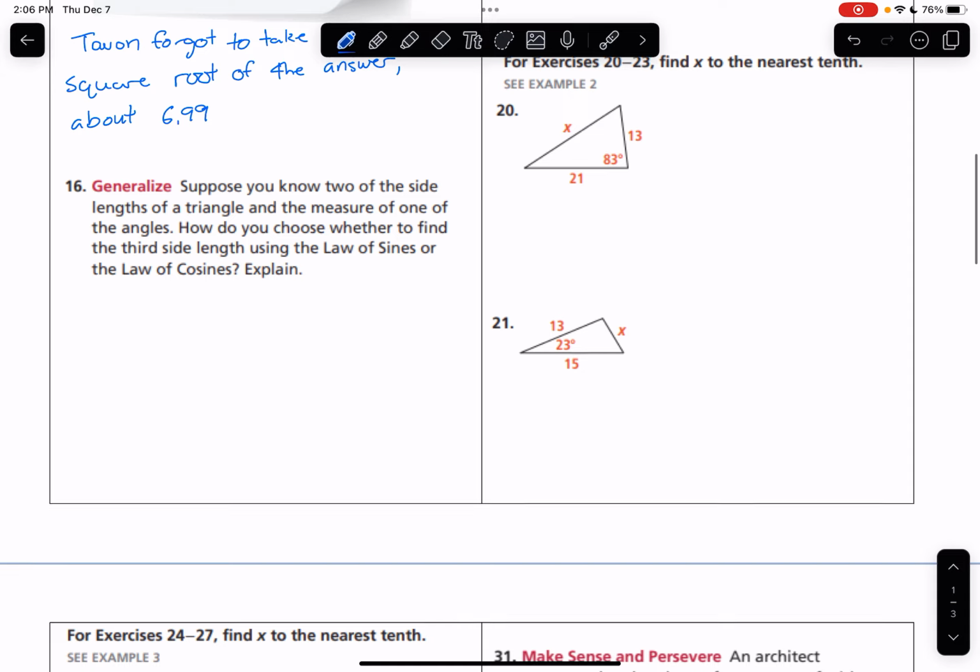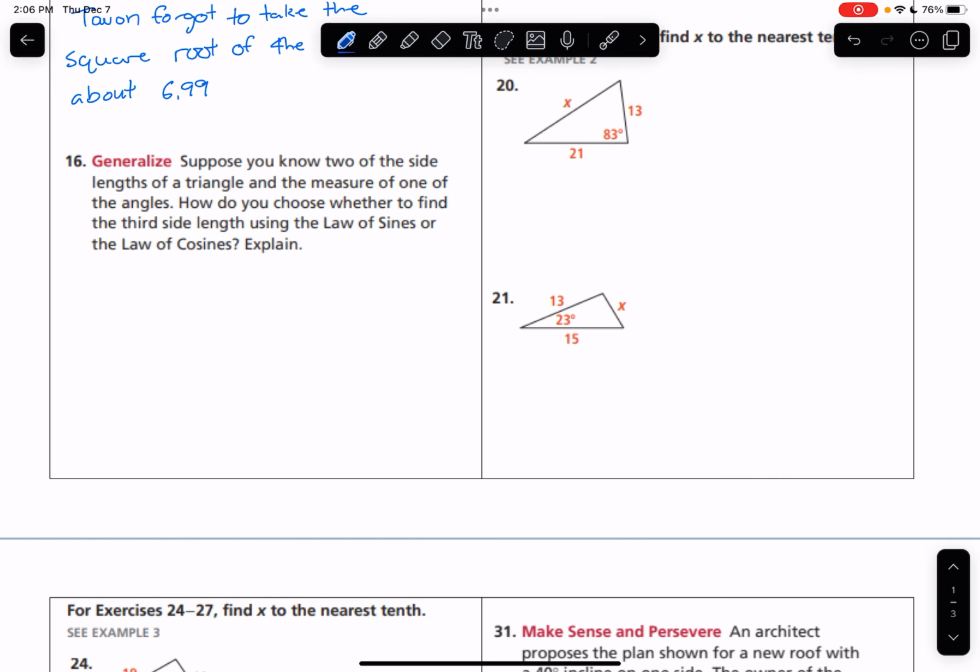Let's keep going. This is an interesting one. Suppose you know 2 of the side lengths of a triangle and the measure of 1 of the angles. How do you choose whether to find the third side using the law of sines or the law of cosines? Well, let's draw ourselves 2 diagrams here.